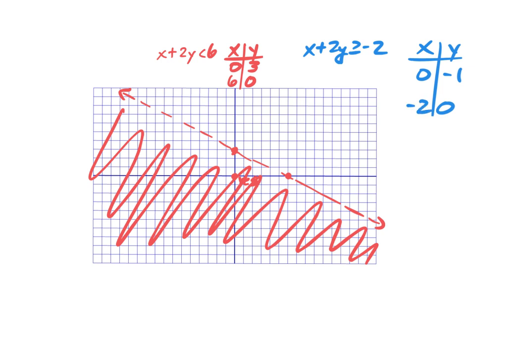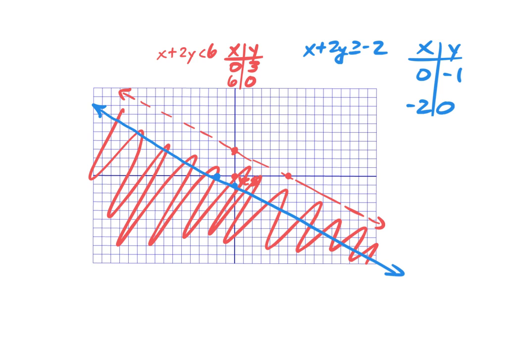Nothing to divide by. We're going to go down 1. We're going to go left 2. Okay, this one is going to be a solid line.